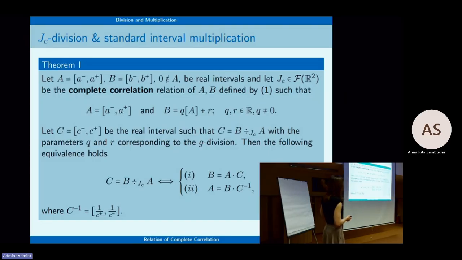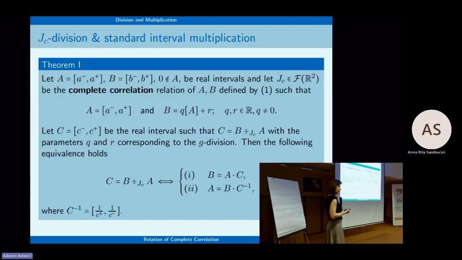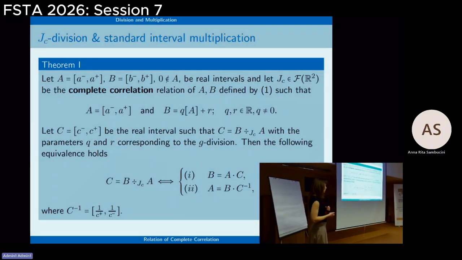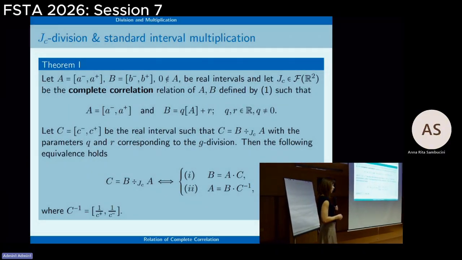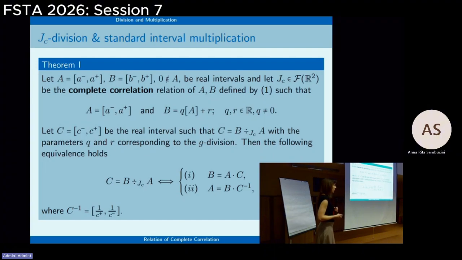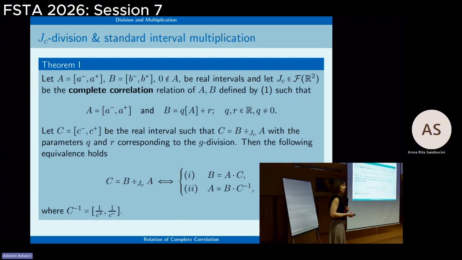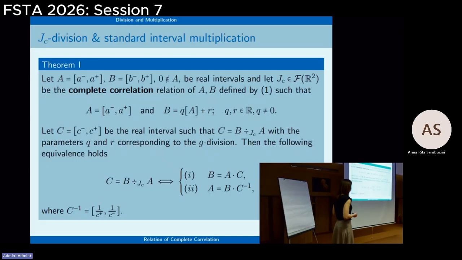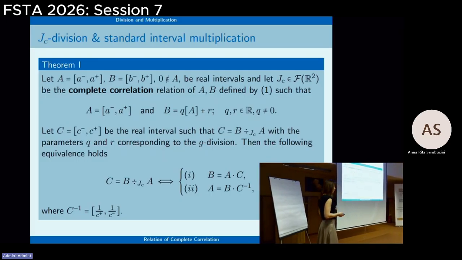The first was quite straightforward: this invertibility, this equivalence, can hold in the case where JC division gives us the same results as G division, and it's invertible with the classical multiplication of intervals. And it's very natural because this is actually the definition of G division.